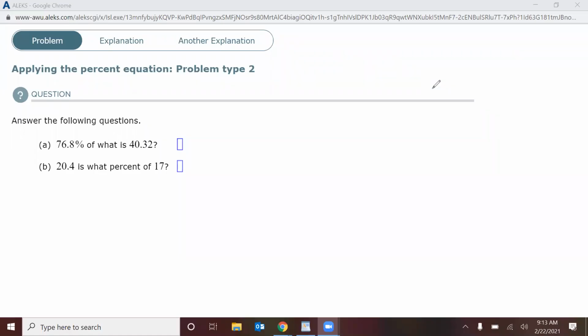Similar to what we just did, we will translate from English to math. On the first one, we have 76.8% of what is 40.32. So 76.8%. Oh, but we don't write percents as percents when we're using them.